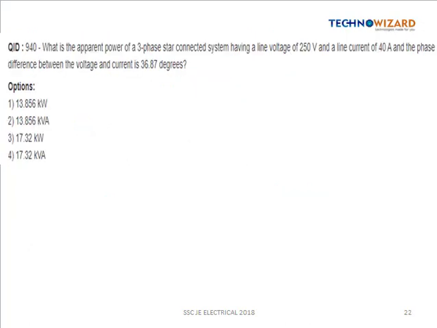Next question is, what is the apparent power of a three-phase star connected system having a line voltage of 250 volt and a line current of 40 ampere, and the phase difference between the voltage and the current is 36.87 degree?